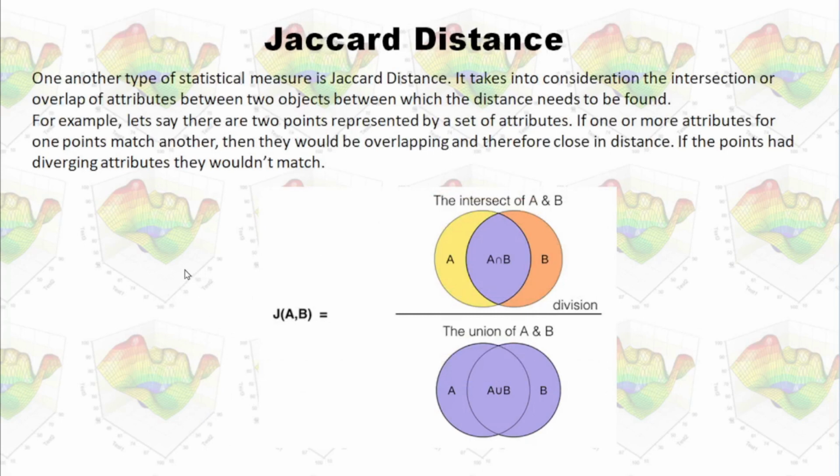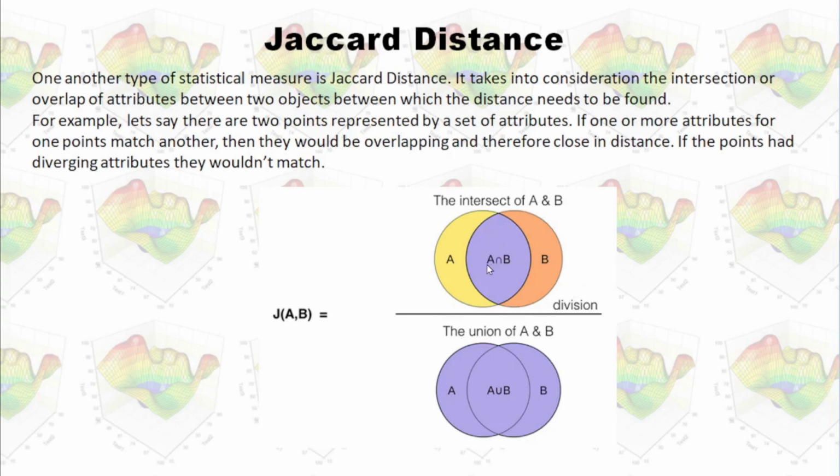Another type of statistical measure is Jaccard distance. It takes into consideration the intersection or overlap of attributes between two objects between which the distance needs to be found. For example, we have this A collection and also this B collection.